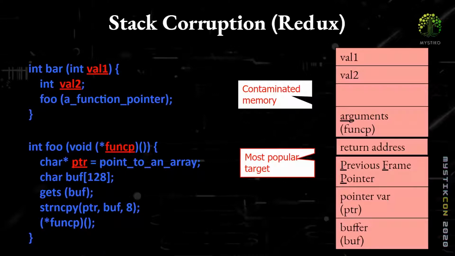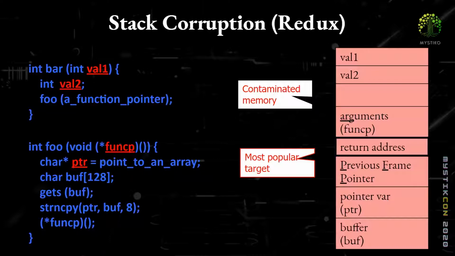It is calling a function known as foo, and this function foo takes a void pointer named funcp, and it has a local variable buffer of size 128, and it's using a vulnerable call known as gets, because gets has no check on the input size. There is a strncpy after that, which is copying the contents of buffer into ptr, up to 8 bytes, and then we have a funcp function call there.